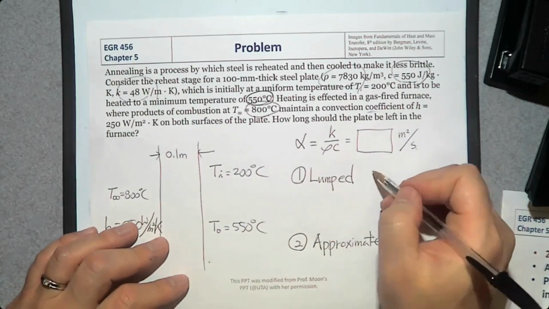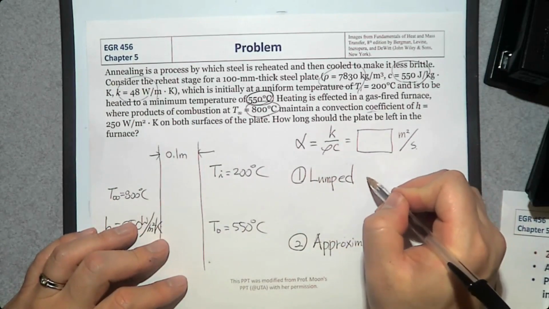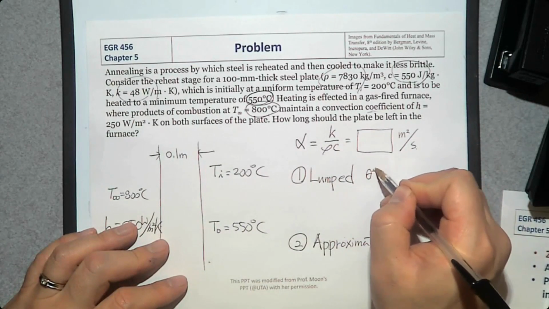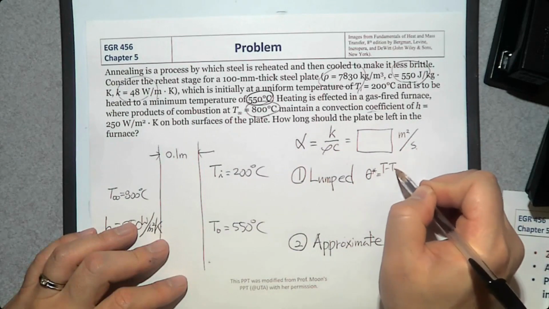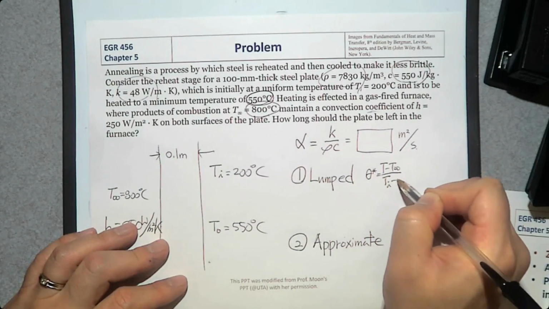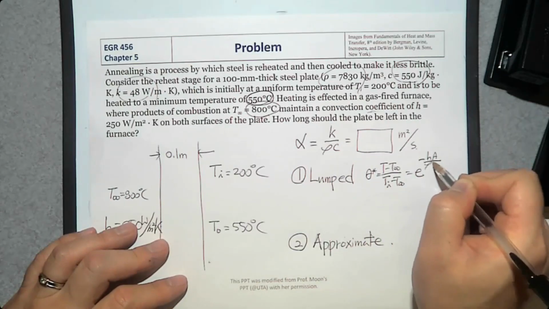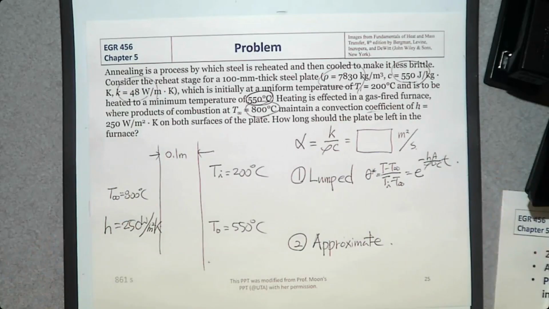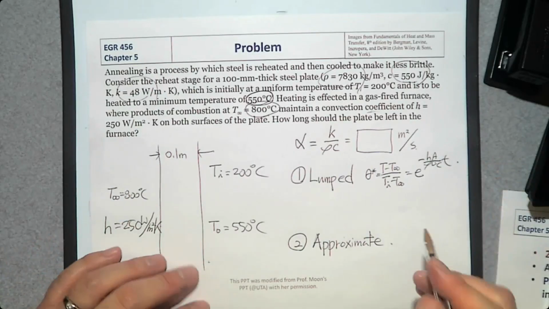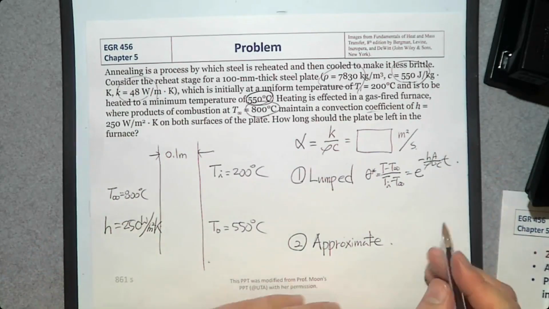By the way, the lumped solution is theta star, which is T minus T infinite over Ti minus T infinite, equals e to the minus hA over rho V c times t. We all know that because we studied that last week. What about the approximate solution?